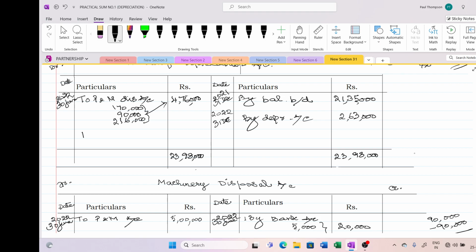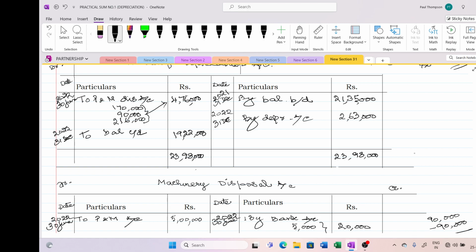Now the balancing figure will be here on 31st December 2022, balance carried down 19 lakh 22,000. Okay.